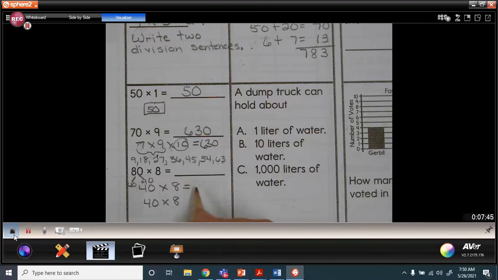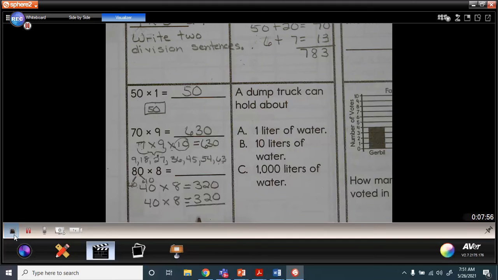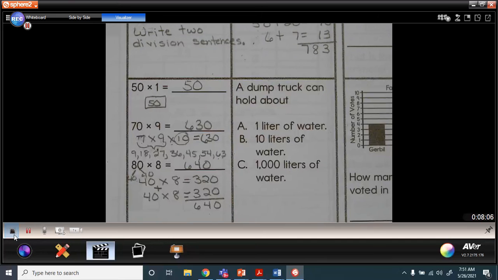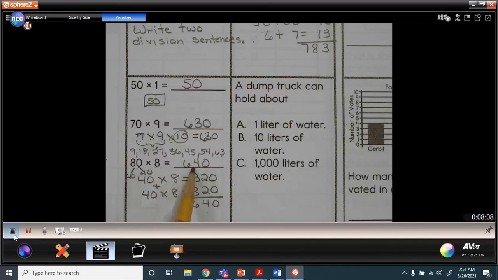Well, 8 times 4 is 32, so 8 times 40 is 320. And we have the same thing here, so we're going to do that twice. And now I can add these two parts together, and I'm going to end up with 640 as my product. So factor, factor, product.